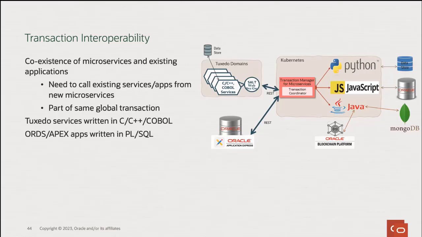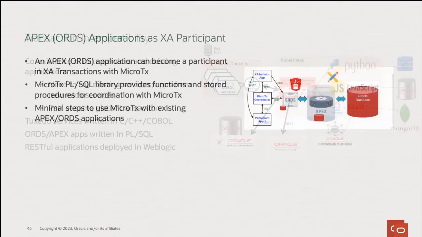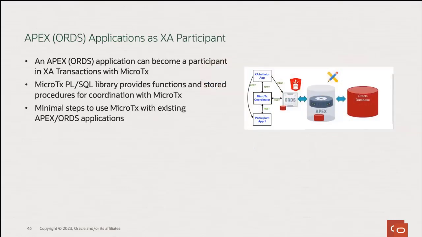MicroTx provides a PL/SQL library for these applications to work with MicroTx. And RESTful applications that are deployed in WebLogic and use the MicroTx library can also participate in XA transactions coordinated by MicroTx.